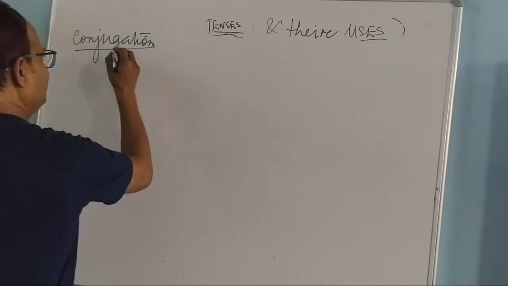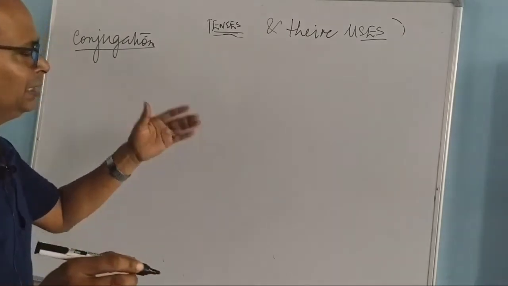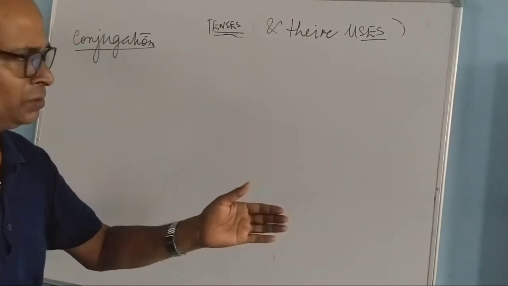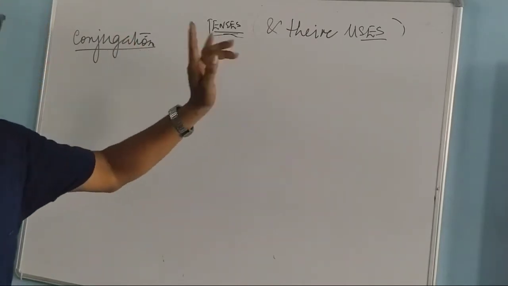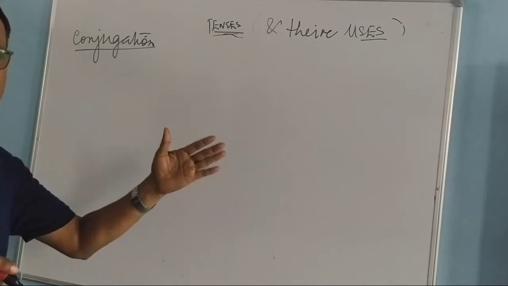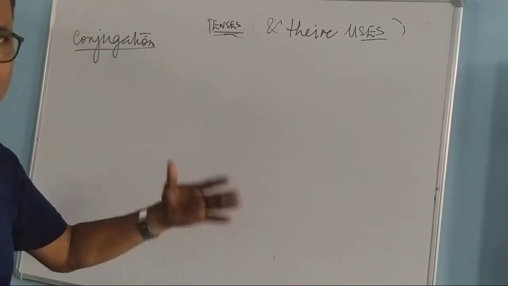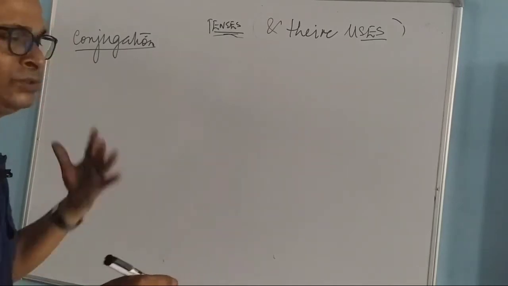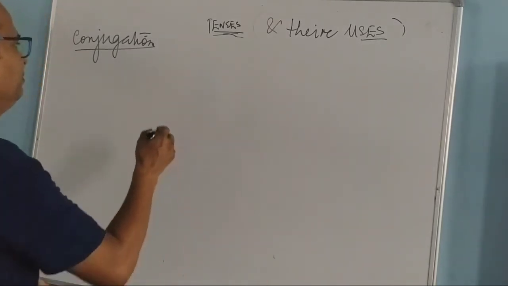So, we will be doing the conjugation of a particular verb in the present simple tense. In the present simple tense, first we will go for the present tense. Now we will see how the verb changes with the change of the subject. The subject will be no other than the pronouns. Let us see the table here.